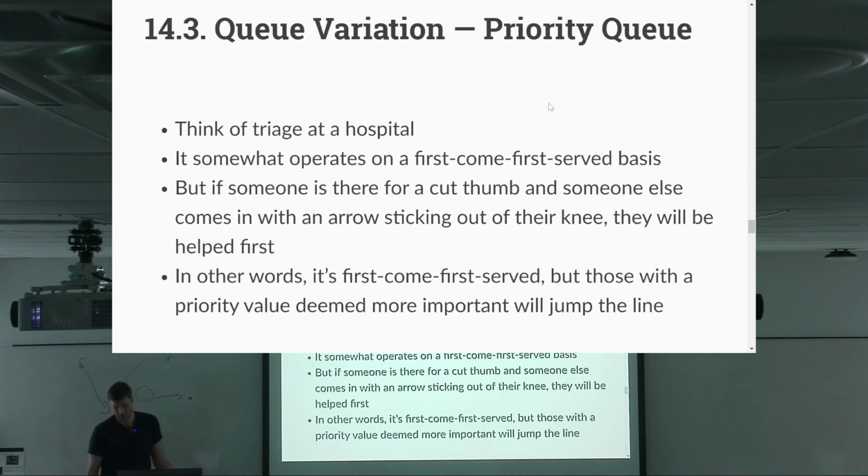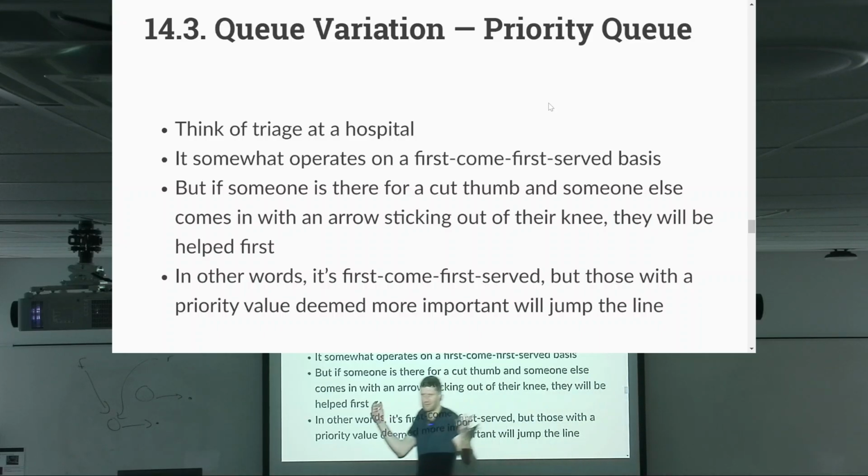So, queue variations. Well, there's a lot of queue variations out there. A queue is just this first come, first serve idea, right? And we see these everywhere in real life and in computer systems. There's a lot of variations that you could come up with, but here's a popular one, a priority queue. A priority queue is a pretty big variation of a queue in terms of what it's doing.